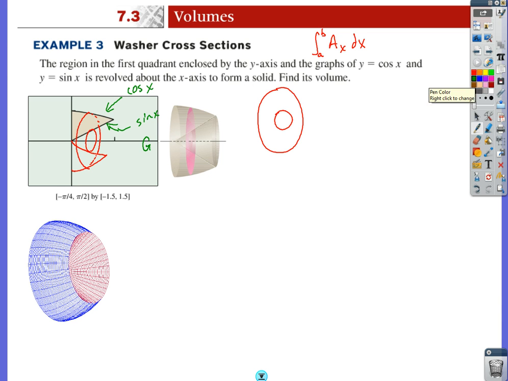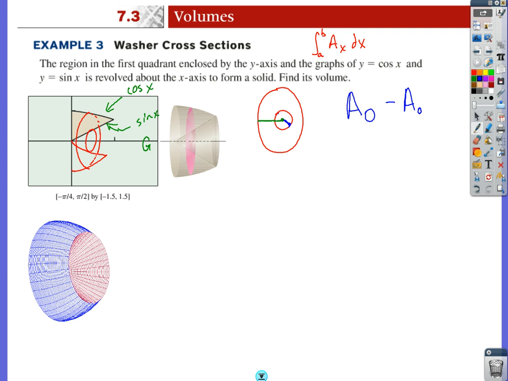I'm hoping that you say, well, if I can find the area of the big circle and subtract out the area of the small circle, that would give me the area of my donut. So area of the big circle minus area of the little circle.